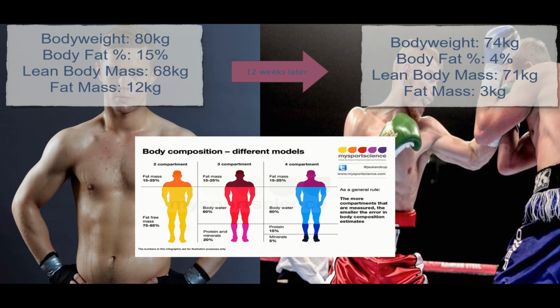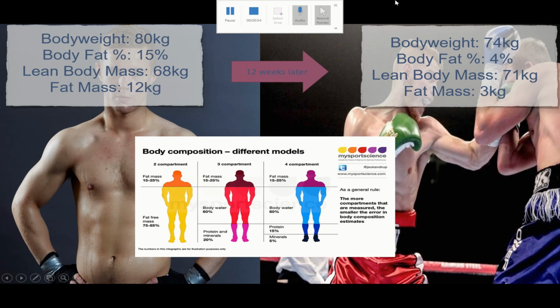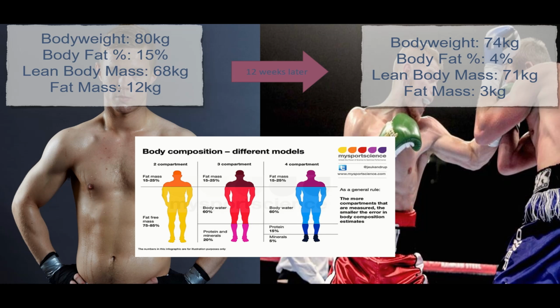If we look at this infographic by a scientist named Jasker Jaukenrup, you can see that given the body composition and the different models that we have, we can gain an increased reliability with the different types of models. So we have a 2-compartment model which we used here with Jack, where we just measure fat mass and fat-free mass, so we don't actually distinguish whether that was water, protein or minerals.